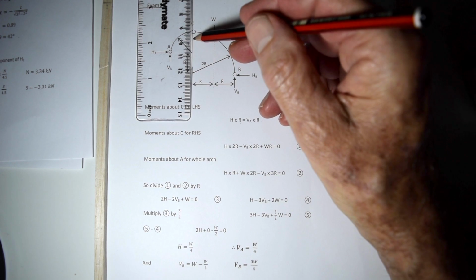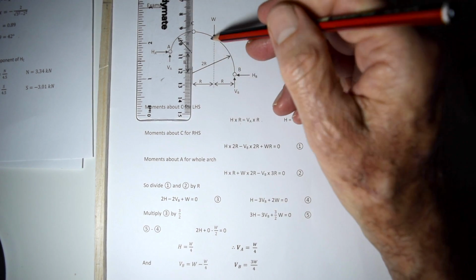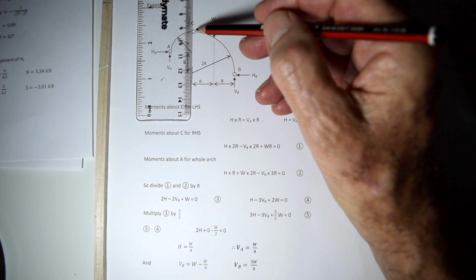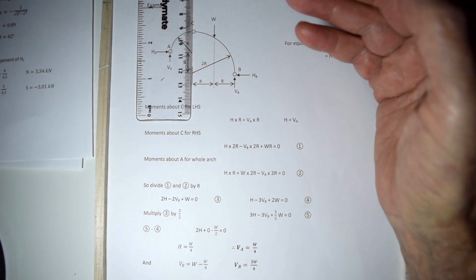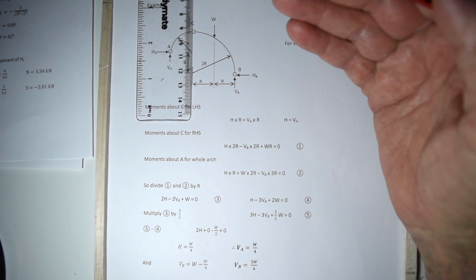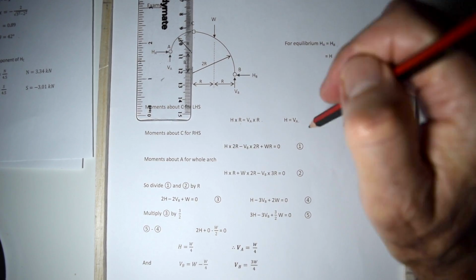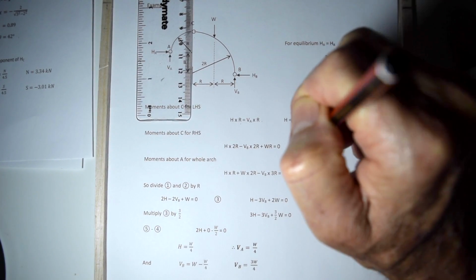W is R away from there. All equals 0, because the moment at the pin C is 0. You cannot develop a moment at a pin. We call that equation 1.